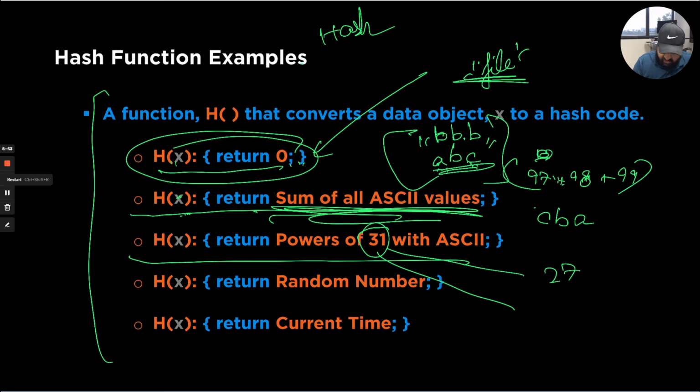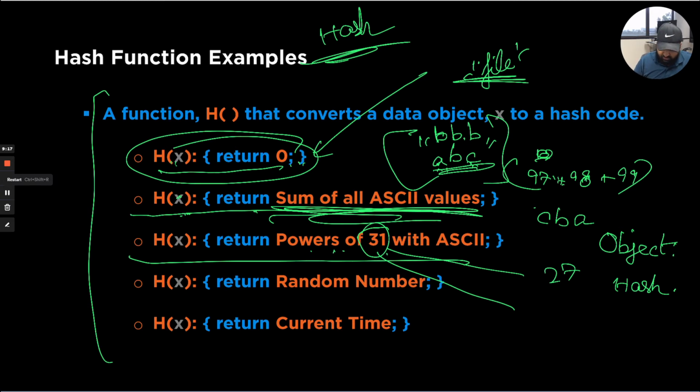In Java, if you look at the object class, it has a mandatory implementation for a hash of that object. Behind the scenes, it's computing the powers of 31. It's using the powers of 31 method to generate a hash code.